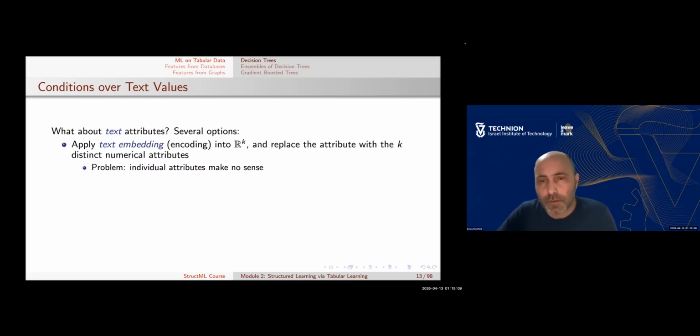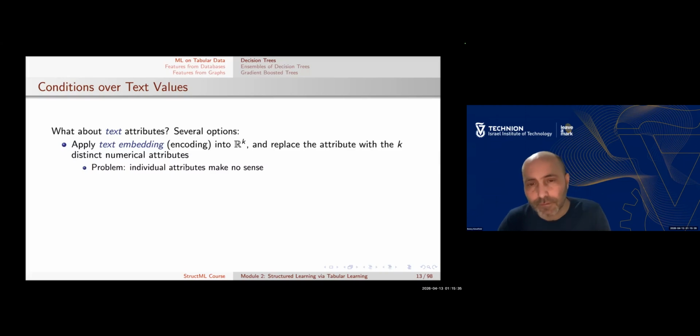It's a vector of size k. We can treat it as k numerical attributes and then split based on them as if we have numbers, which is fine, but it doesn't always work because each individual attribute does not necessarily make sense. If you apply some access to this attribute, it's not clear that you get something that has a clear semantics.